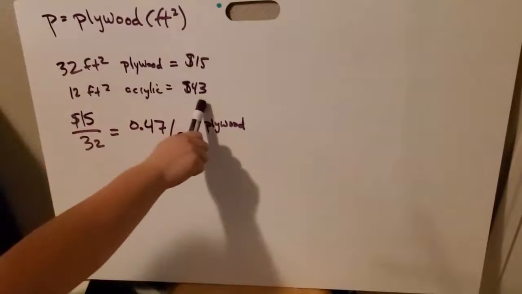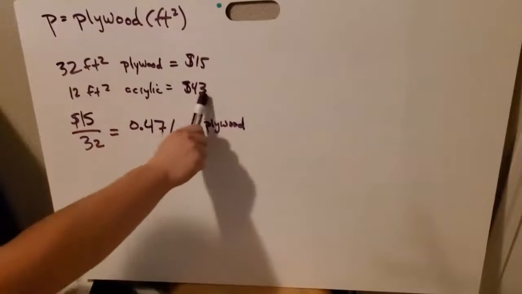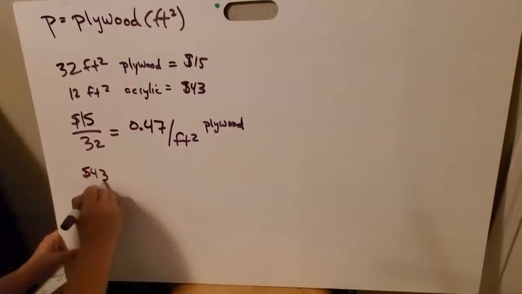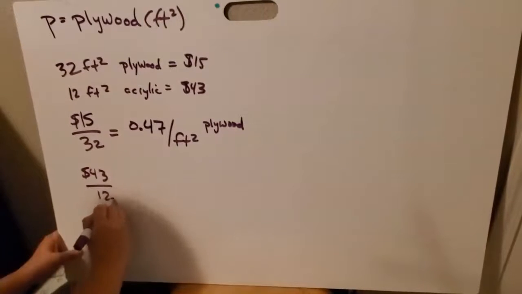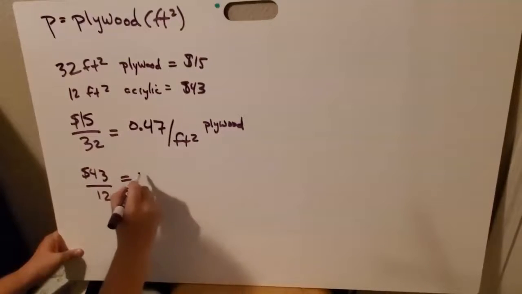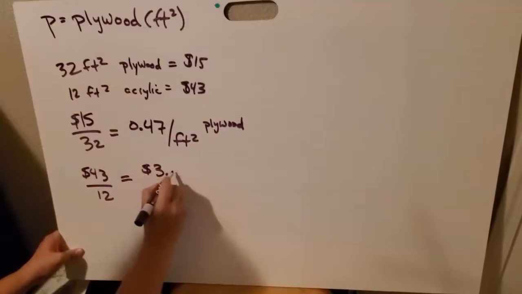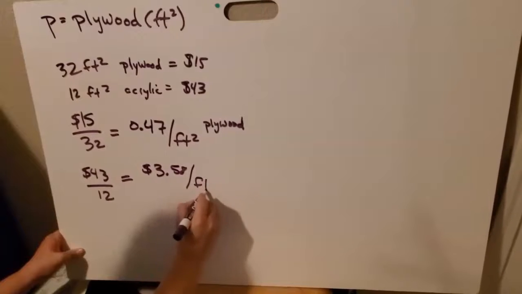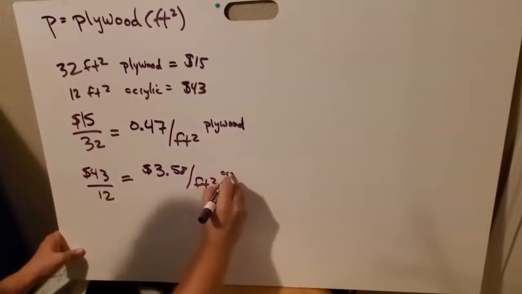You can do the same steps with acrylic, so it's going to be 43 divided by 12. And that gives you the price per square foot of acrylic, which is $3.58 per square foot of acrylic.